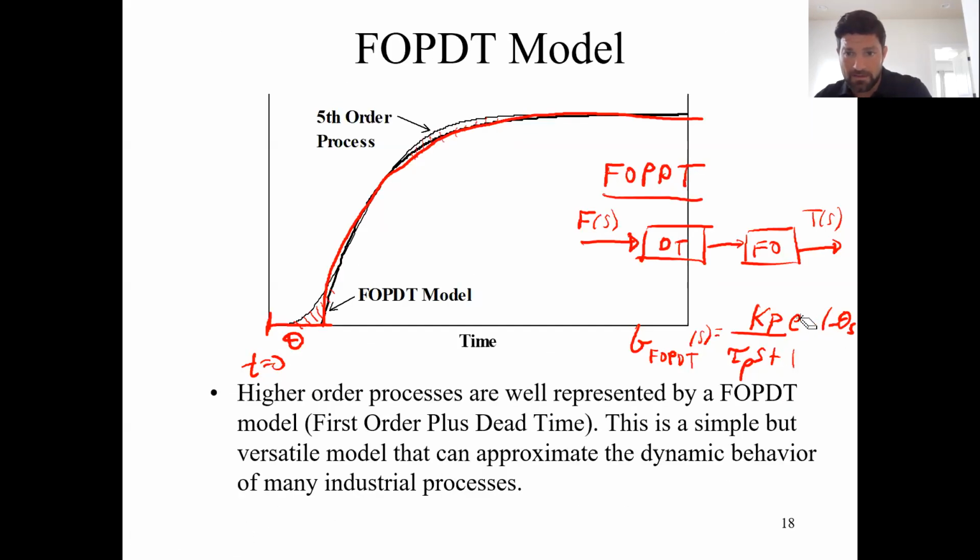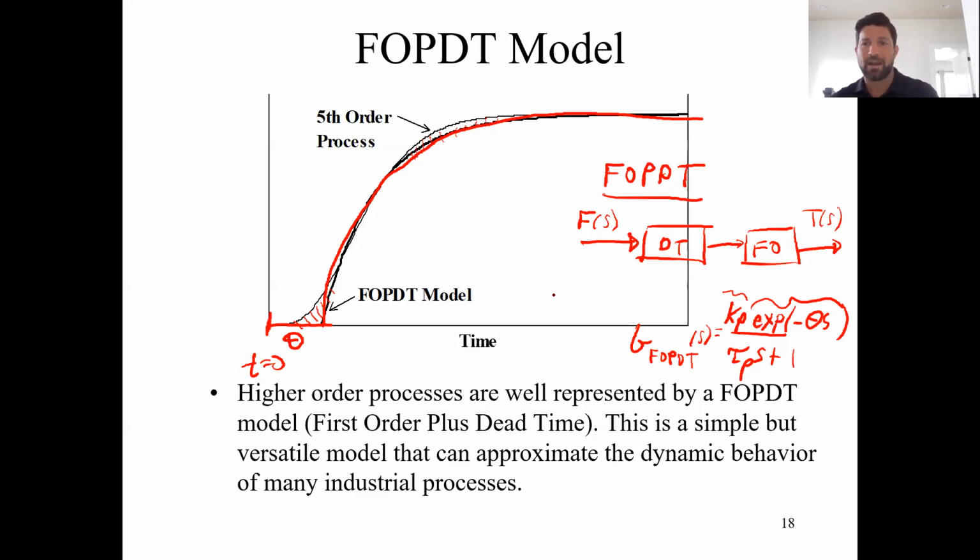I didn't give myself enough space to write here, so let me write this clearly: Kp times exp negative theta times s. So this is the first order plus dead time. This right here is the dead time. The first part of it, including the denominator, is the first order. Okay, so this would be the model.